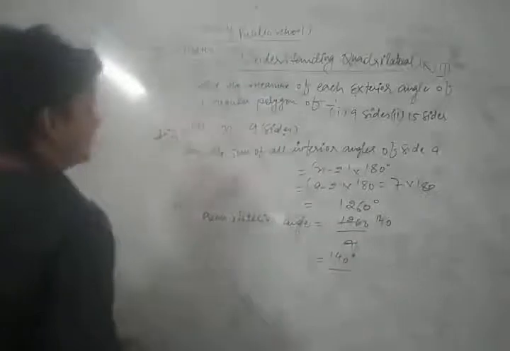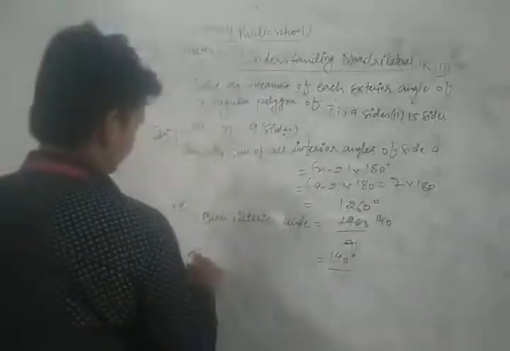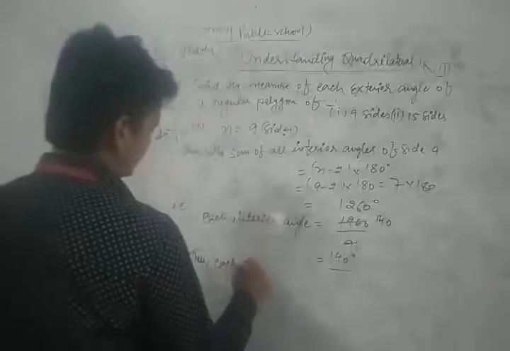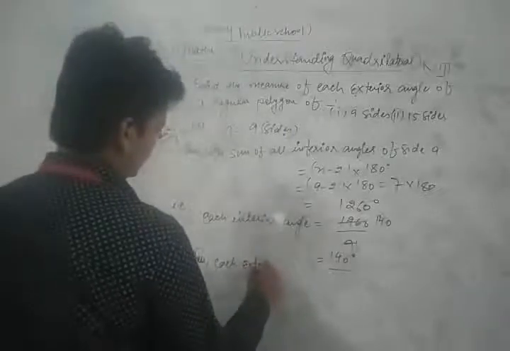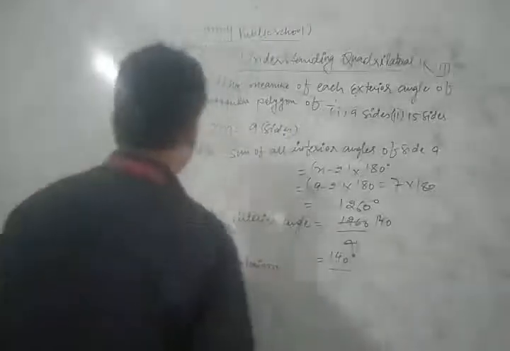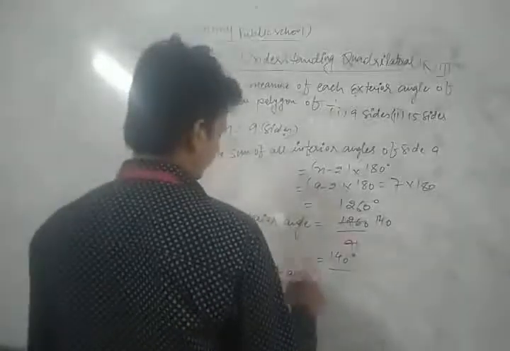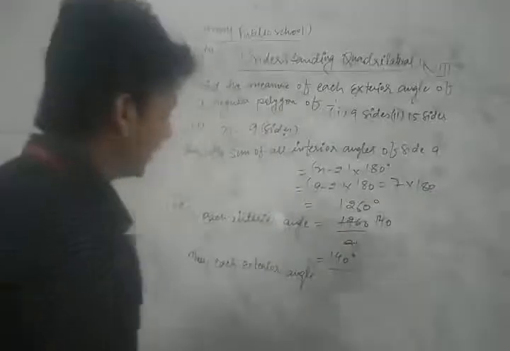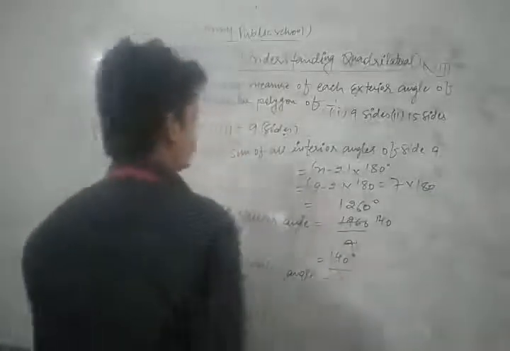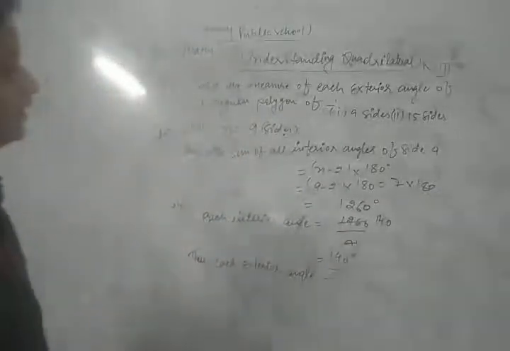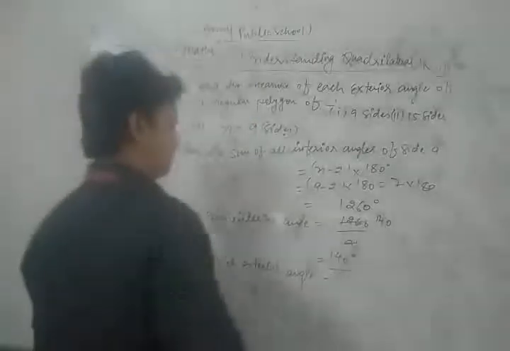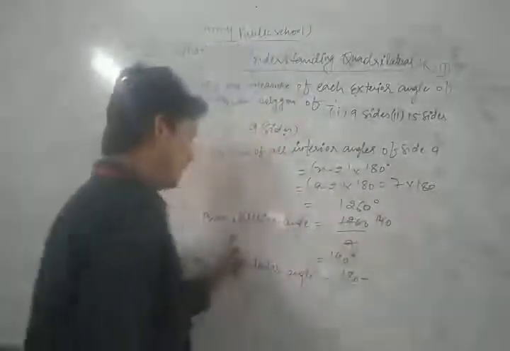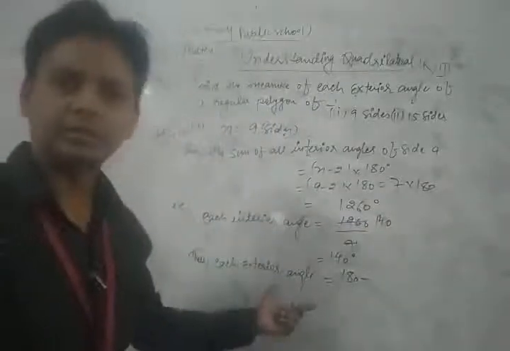Thus each exterior angle is 180 minus each interior angle. We just described that formula.